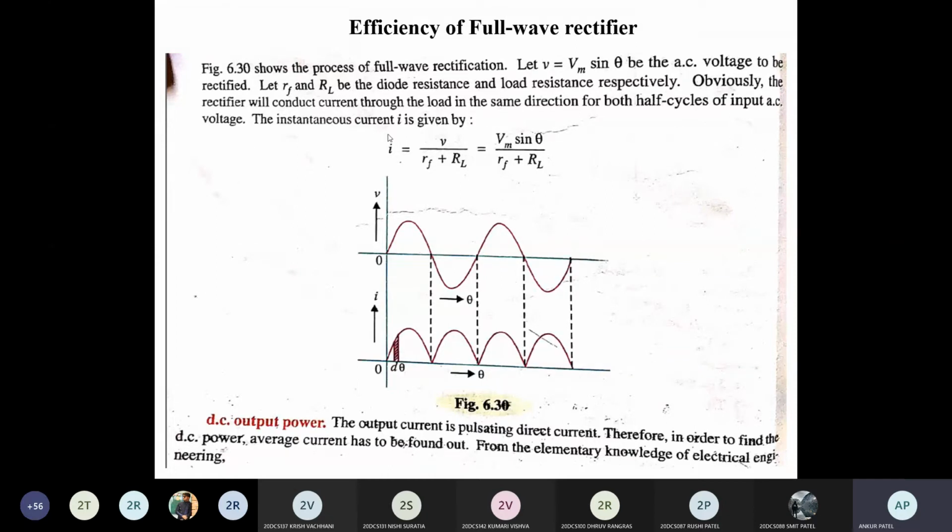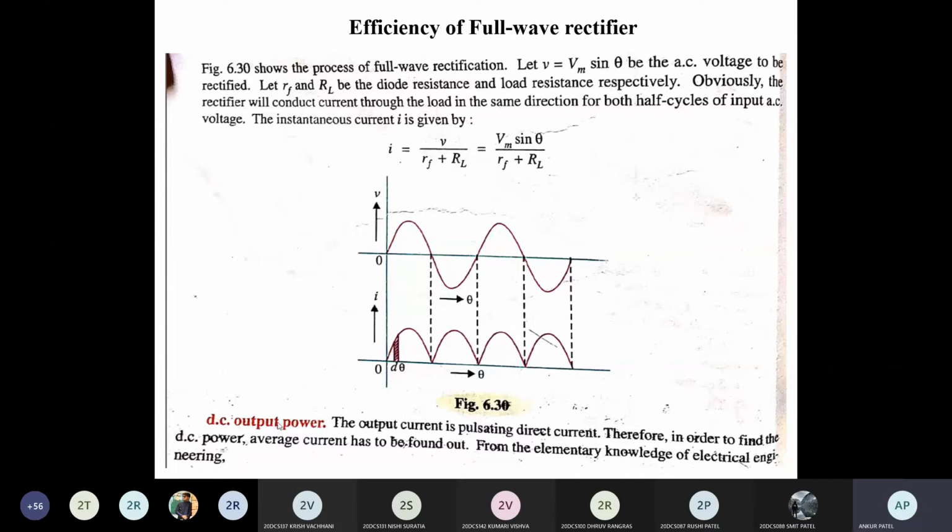We know I is equal to V by R, so V by RF plus RL. V is equal to Vm sin theta, so I equals Vm sin theta upon RF plus RL. Now, to get the DC output, we know the efficiency is equal to DC output power upon AC input power. So first we have to get the DC output power.